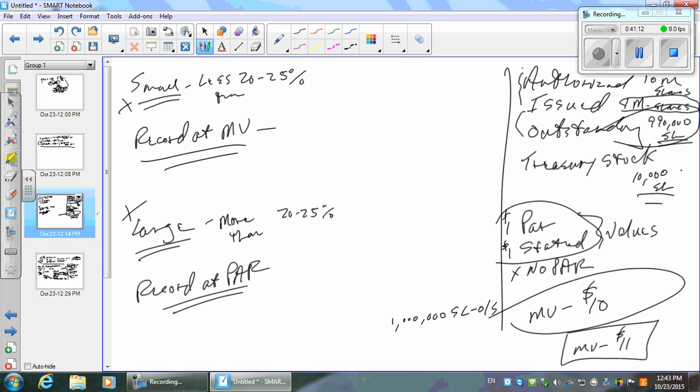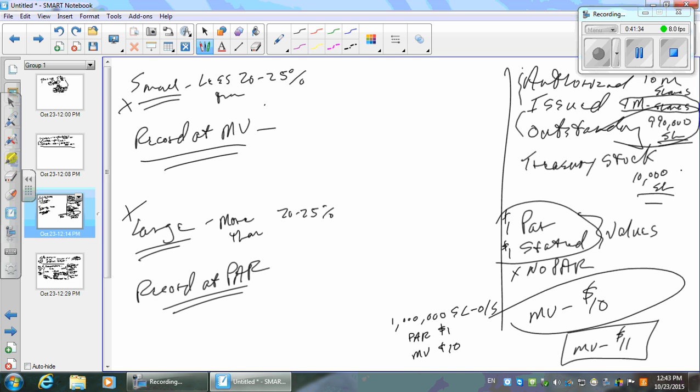1 million shares outstanding. Let's say the par value is $1. By the way, we keep the pars real low. Remind me in a second, we'll talk about that. The par is $1, and let's say the market value is $10. Okay? And let's say here we do a 5% dividend.